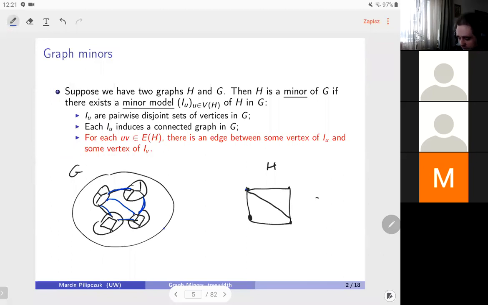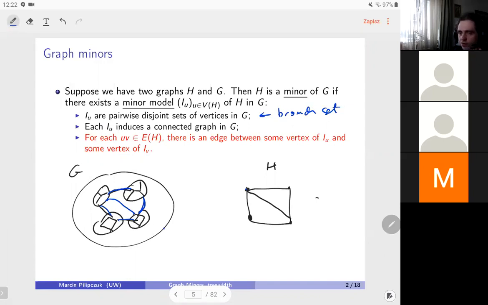So we have something that looks like the graph H, but every vertex can be a connected set, and these sets need to be disjoint. These blobs are usually called branch sets. And yes, this is a minor model.